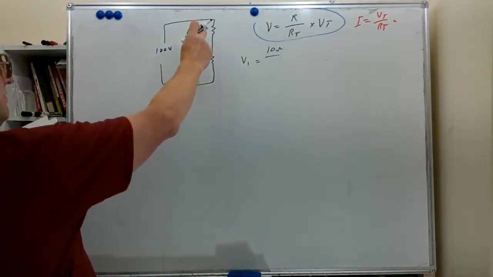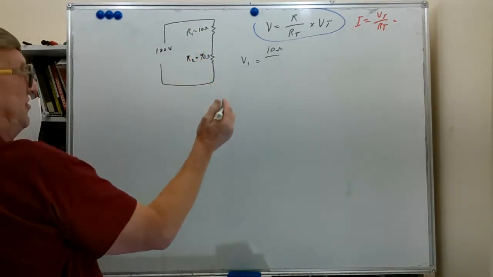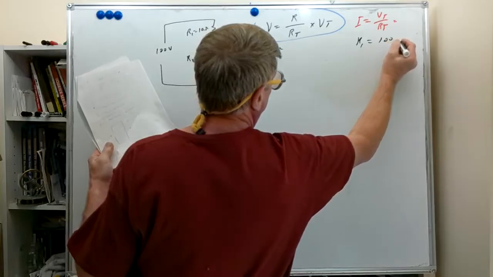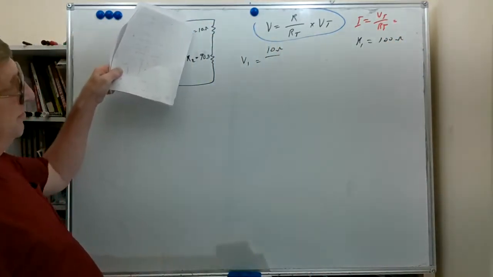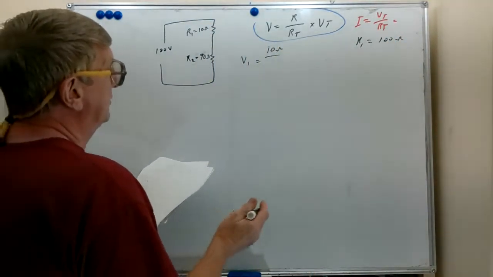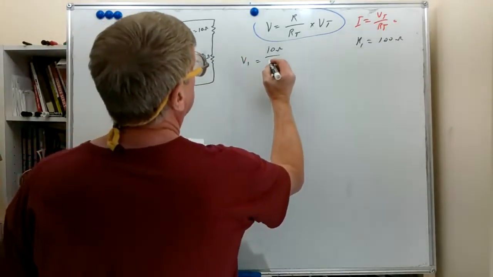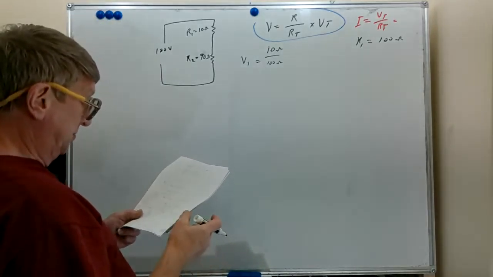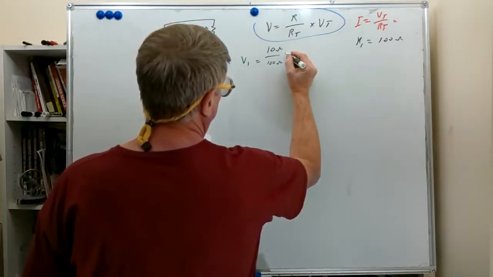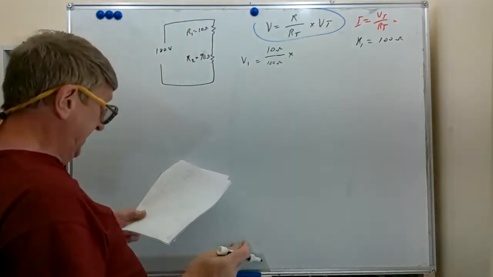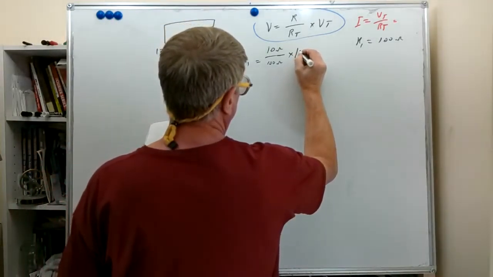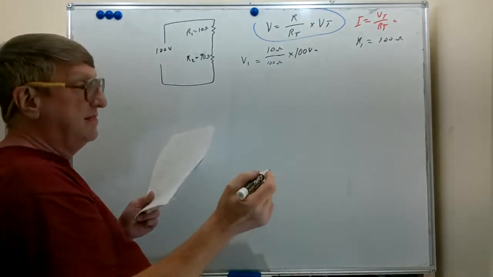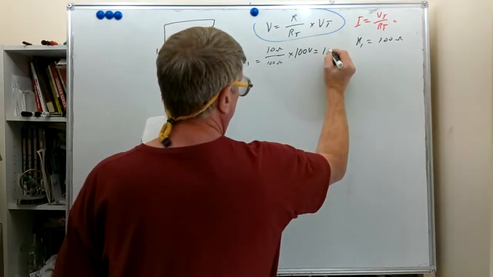RT is R1 plus R2, which is 10 plus 90, so RT in this circuit is 100 ohms. So we're going to divide that by 100 ohms, and then multiply it times our VT of 100 volts. And this again, 10 over 100 reduces to a tenth, times 100 leaves us with 10 volts.